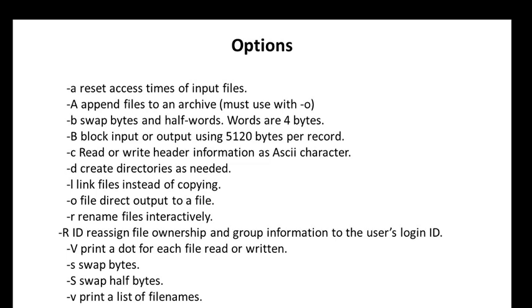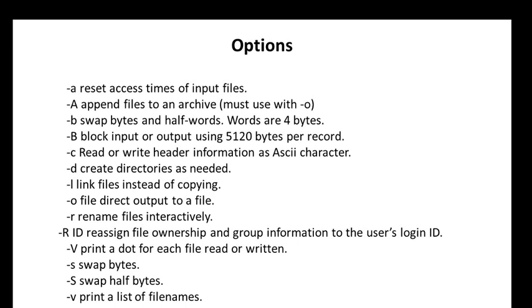The other options are: small a, which resets the access time of input files; capital A, which appends files to an archive; small b, which swaps bytes and half words, where words are 4 bytes; capital B, which blocks input or output using 5120 bytes per record.